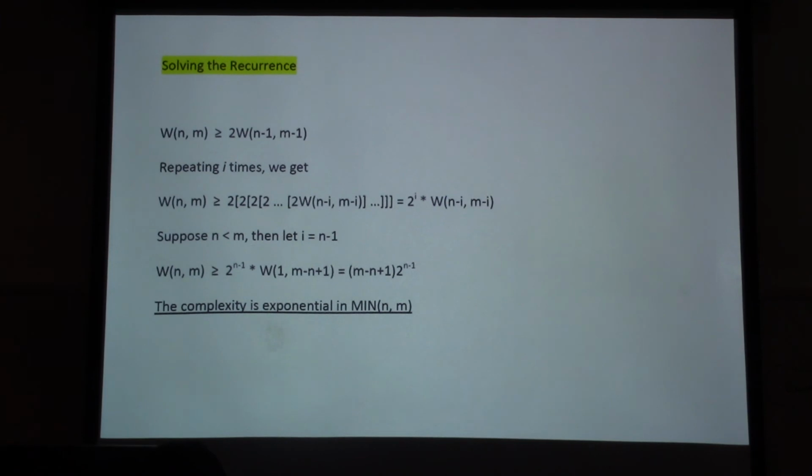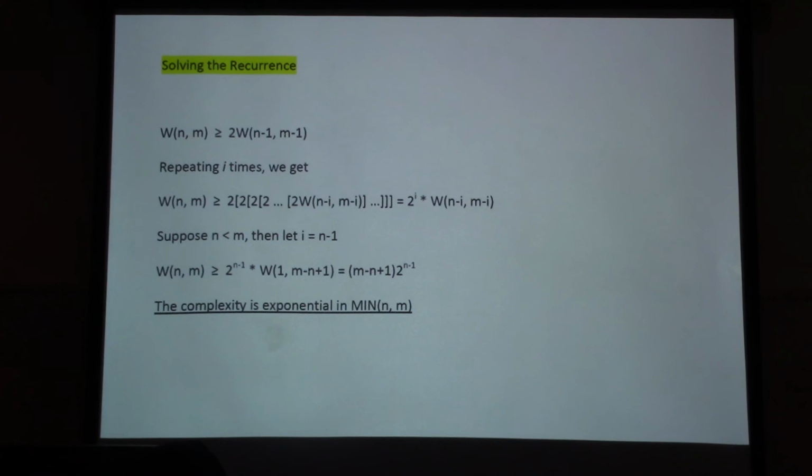Does that make sense? Because that's our result here. Everybody understand? M is bigger, so we'll take M minus N plus 1. That's going to be what?